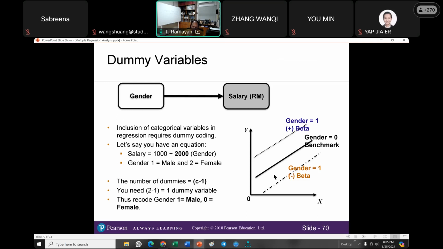So the benchmark is the 0 group, which is the female group. Now we want to see whether the male group is higher or lower. This is like doing a t-test in regression. So this is why we need to do dummy coding if you plan to include categorical variables in your regression.